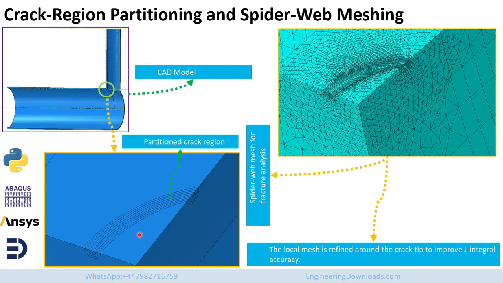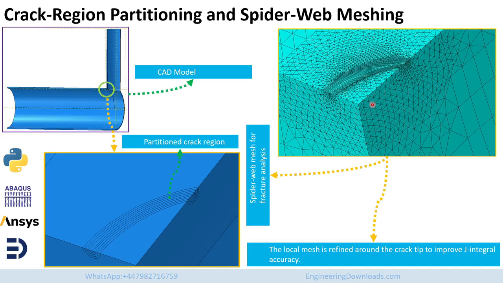After defining the geometry, the next step is preparing the cracked region for fracture analysis. Here I partition the local crack region so the crack front can be controlled properly, and then I create the spider web mesh around the crack. This local refinement is very important because the stress and strain gradients become very high near the crack front.